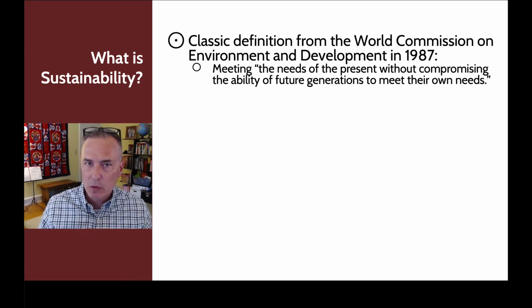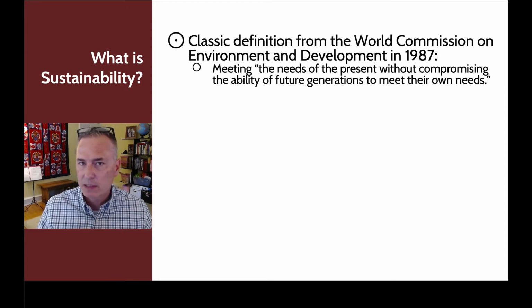And a lot of you have probably heard this classic definition from the World Commission on Environment and Development, sometimes called the Brundtland Commission, that met in 1987 and developed this really classic canonical definition for the term of sustainability: meeting the needs of the present without compromising the ability of future generations to meet their own needs.